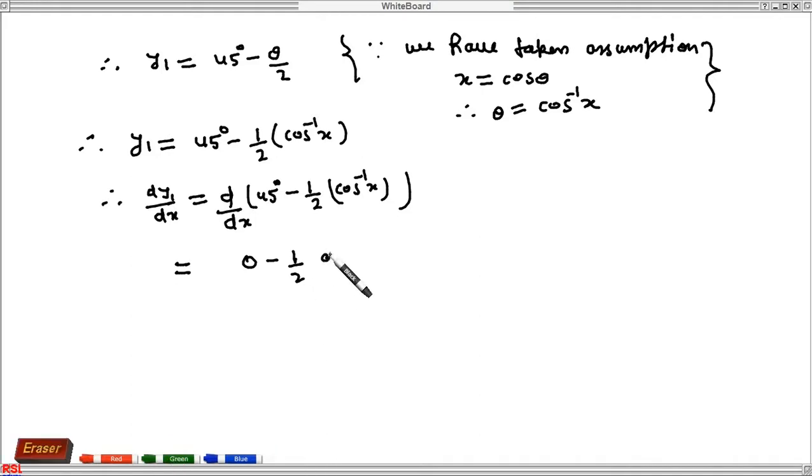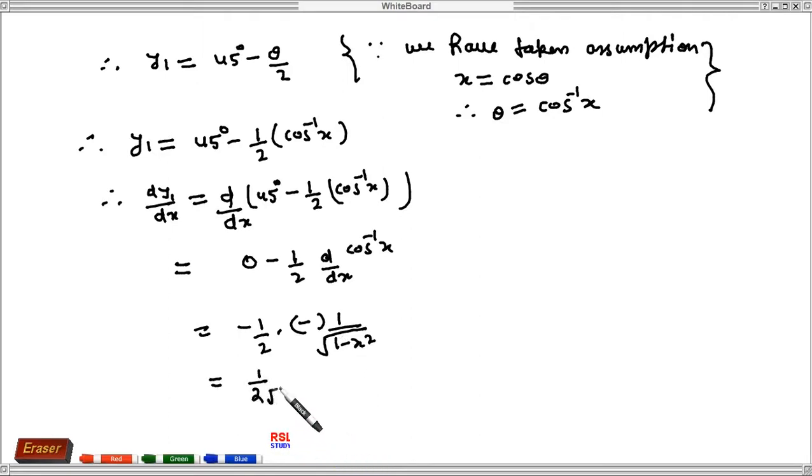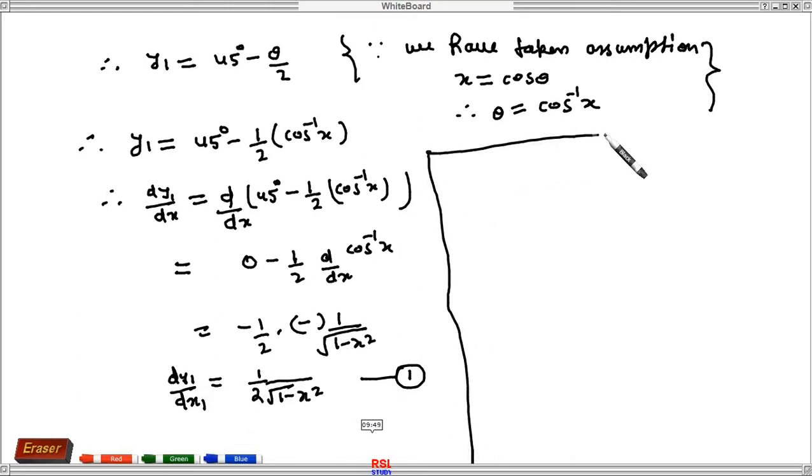So d/dx of cos inverse x is minus 1 by under root 1 minus x square. Minus minus will be plus, so that will be plus 1 by 2 under root 1 minus x square. So this is the differentiation of y1. Now we have to differentiate the second part, that is y2. So we will proceed like this.